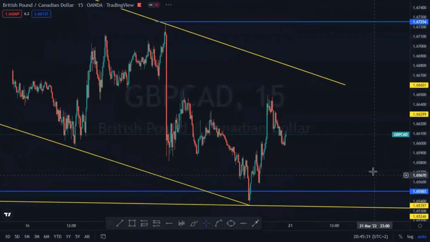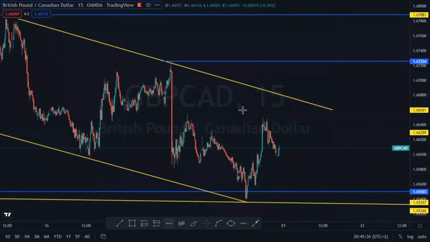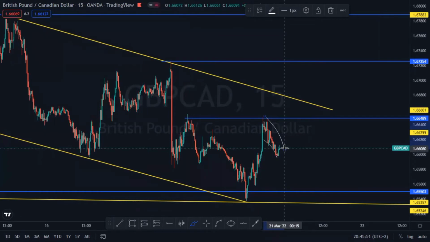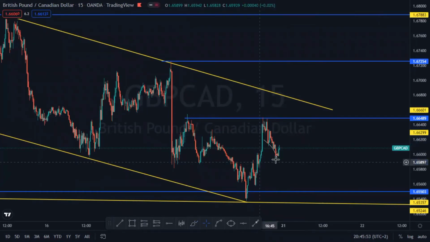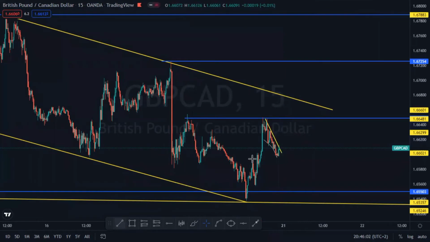On the 15 minutes, I can see that actually we are having a type of correction, but notice that also the market gave us equal highs, right? So I have two scenarios for this. This could be a continuation correction to the upside.